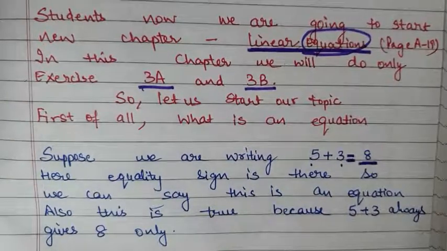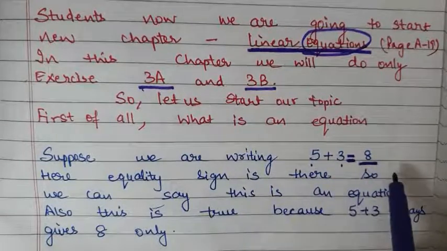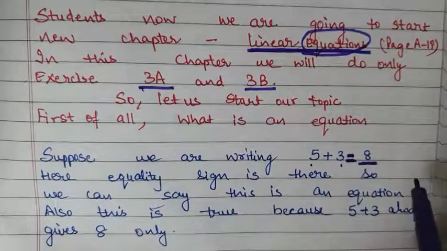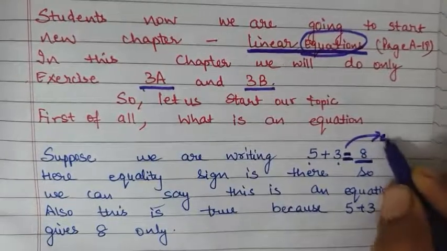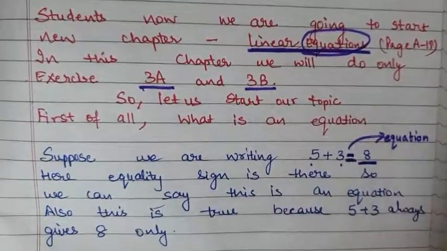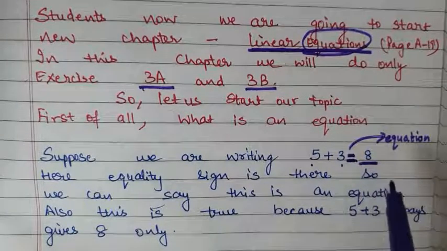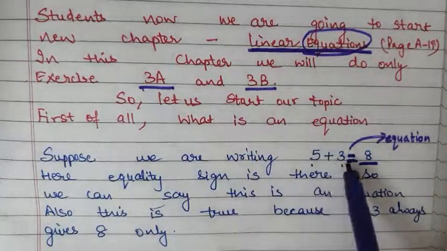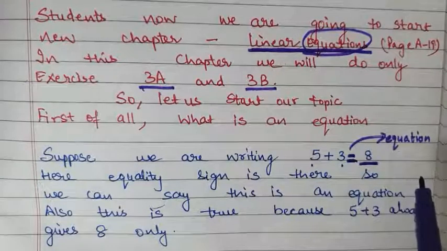So whenever we write a mathematical statement and there is an equals to sign, we will say that this is an equation. Moreover, this equation is always true. Why? Because 5 plus 3 always gives you only 8.